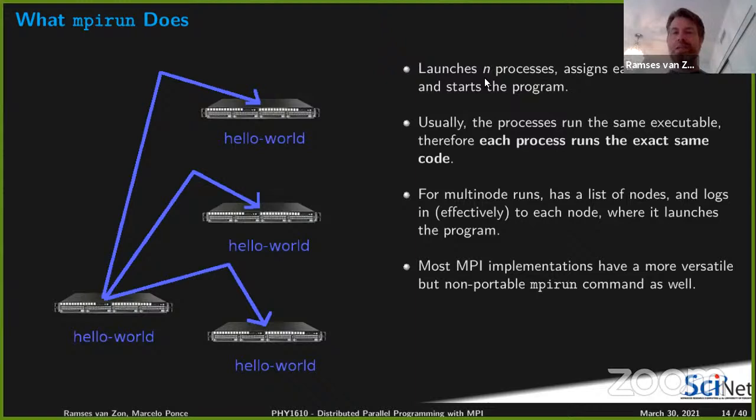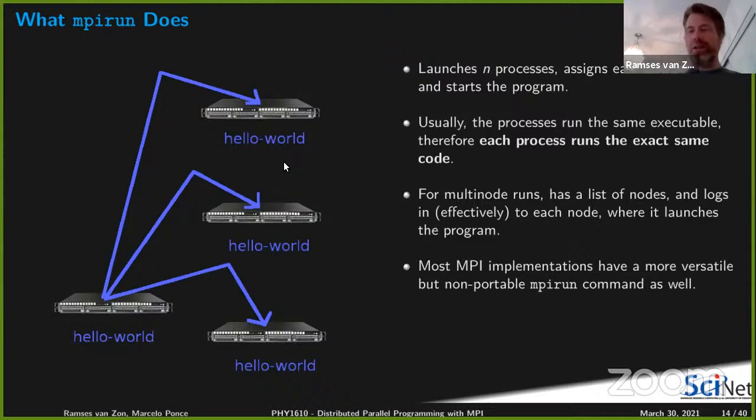In the ideal situation, and many situations are ideal, you've already specified how many nodes you want and how many processes on each node. mpirun just does it for you. It starts these processes, possibly on different nodes, and they all start at the same time. They don't really start from a single hello world. This is not a really good picture. They start from mpirun that then launches these MPI programs.